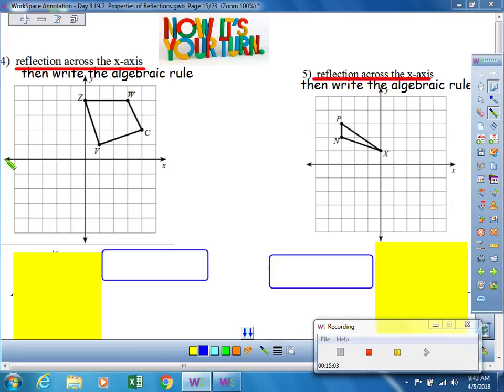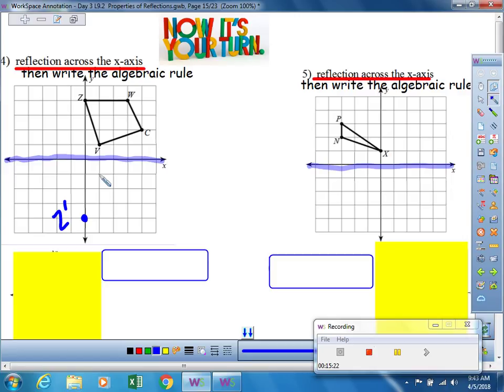On these ones, I'm going over the x on both of them. Here's x, here's x. And so this is 4 away, Z prime, 1 away, V prime, 2, C prime, 4, and 4, W prime.